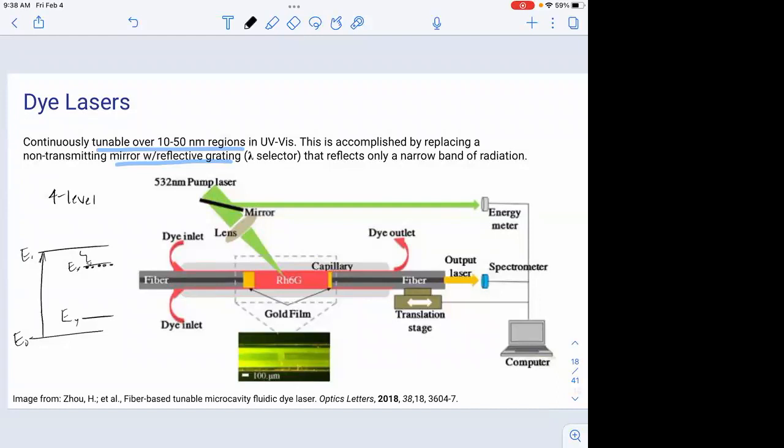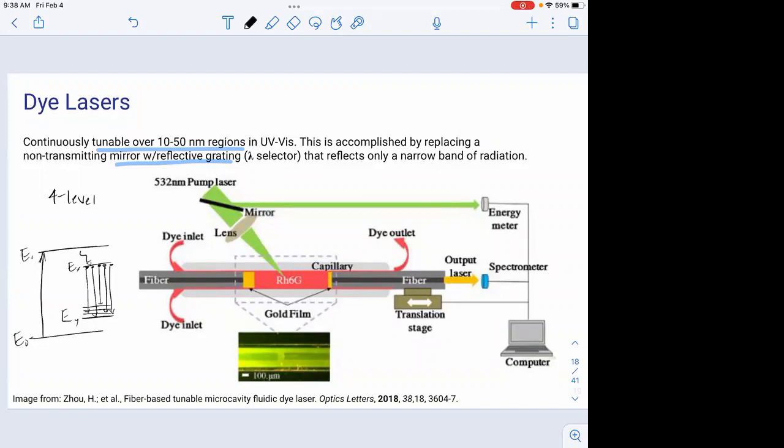The cool thing about a dye laser is that because you're using a molecule that has lots of ways to arrange electrons in its molecular orbitals, you have lots of different spots, in terms of energy, that these metastable molecules can relax back down to. So it could relax to here, here, here, or here, right? And all of these are different.